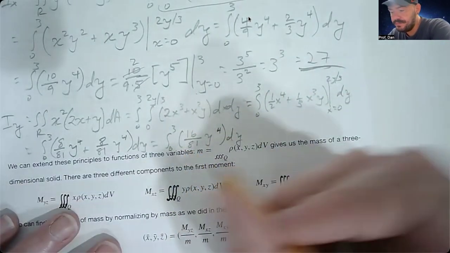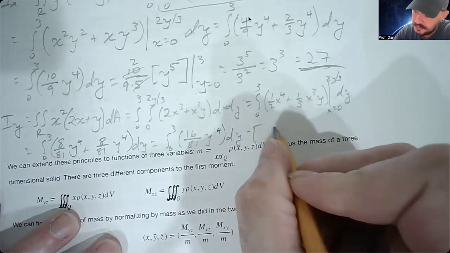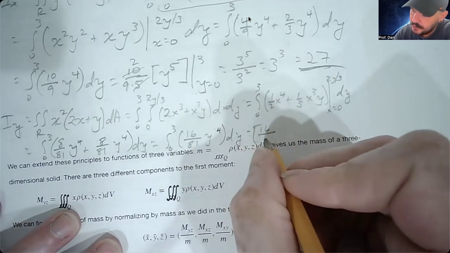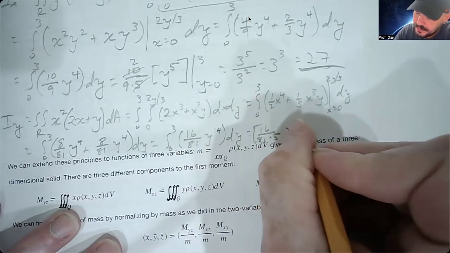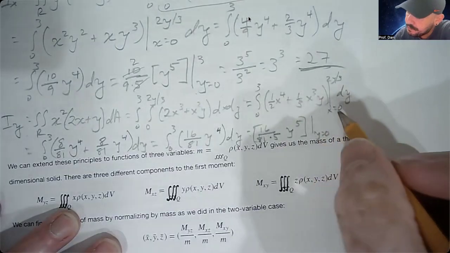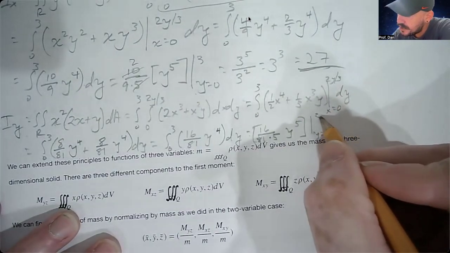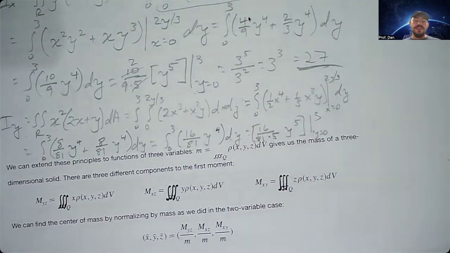Okay. So we know that the antiderivative for this is going to be 16 over 81 times 5 times y to the 5th. We're going to evaluate from y equals 0 to 5, not 5, 3. All right, and we can actually use some similar thinking to get the numerical value for this.